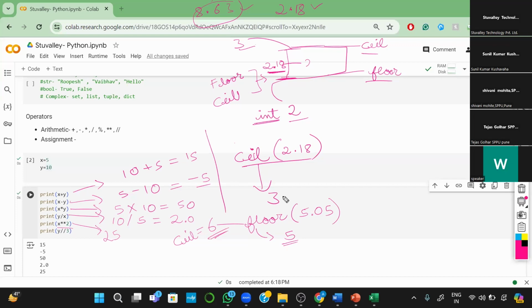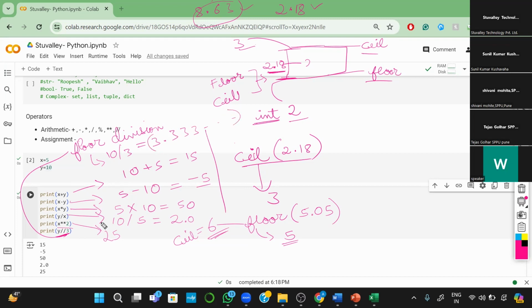This is called floor division, as I told you. Now, in case of floor division, there is a normal division. Let's say if I divide 10 by 3, the division would have come out to be 3.33333 something, right? But in case of floor division, we take the floor of this value.